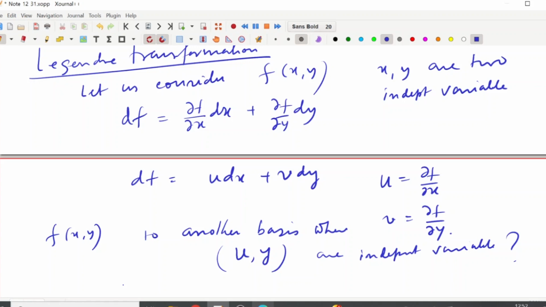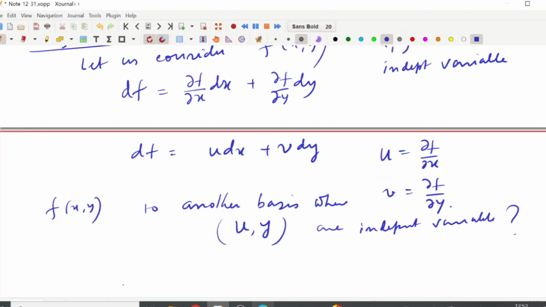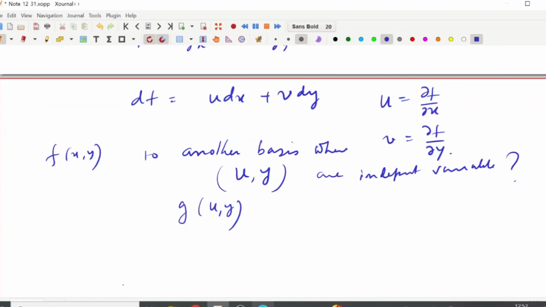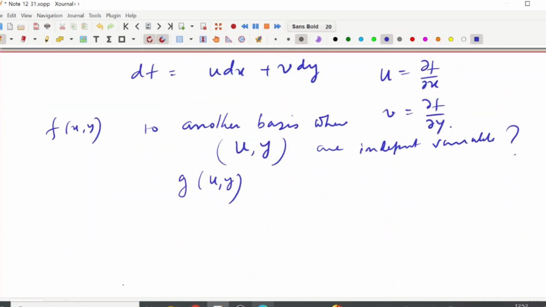That means it is possible that I can go from the xy basis to the uy basis, and let us denote the function obtained in this new basis as g, where u and y are independent variables.